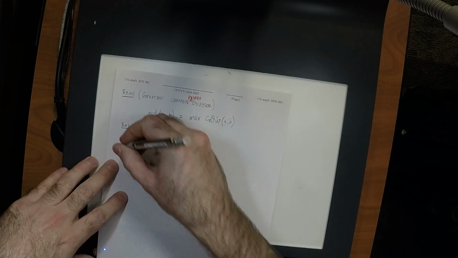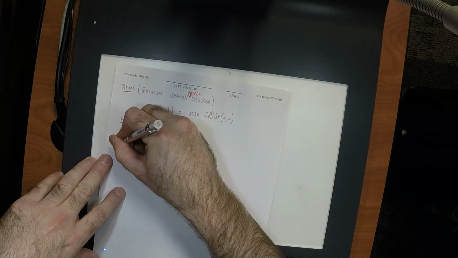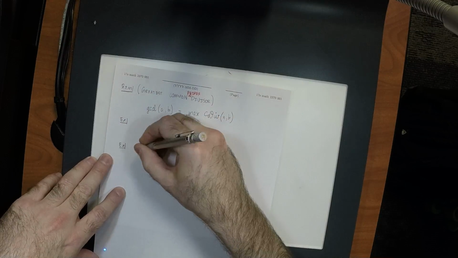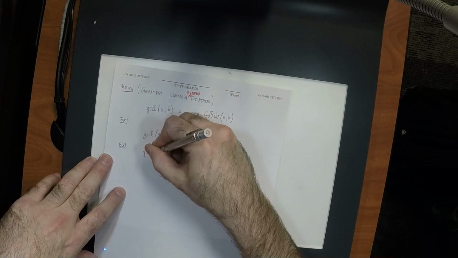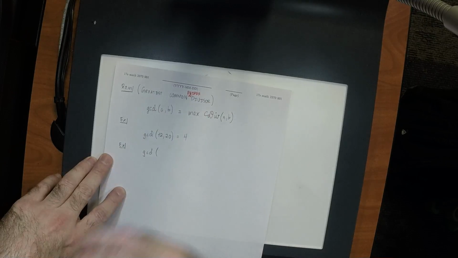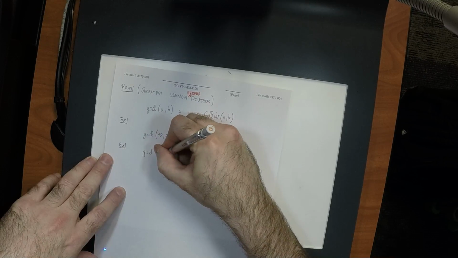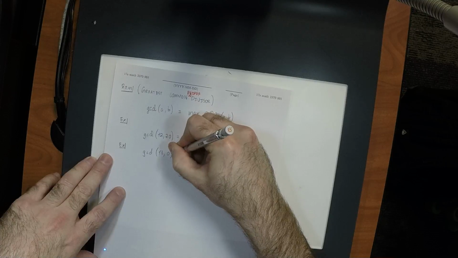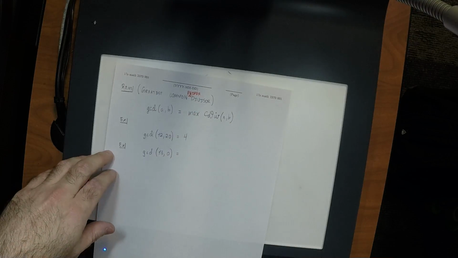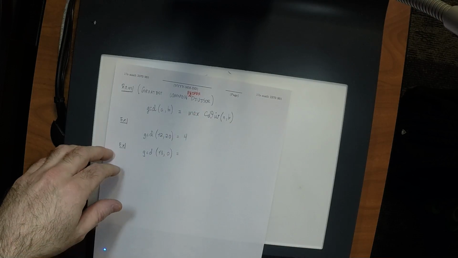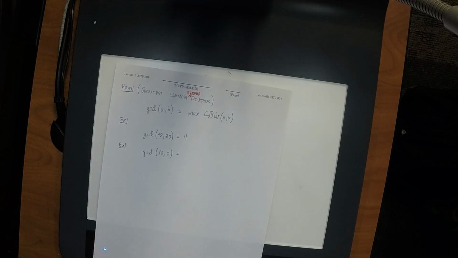Now, here's a disturbing one, possibly. What is the greatest common divisor of 13 and 0? 13. Because do we all agree that the greatest divisor of 13 is 13? Yes. And now the question is, is 13 a divisor of 0?